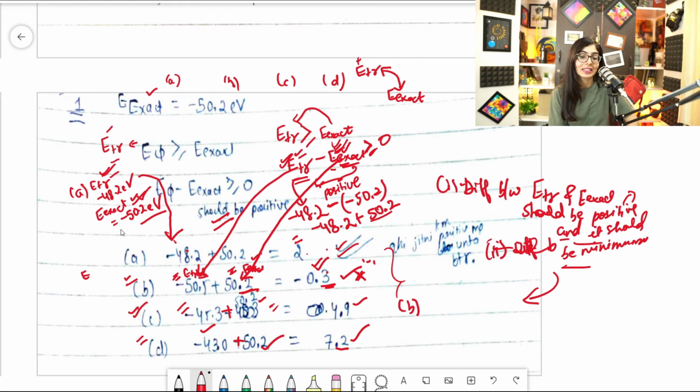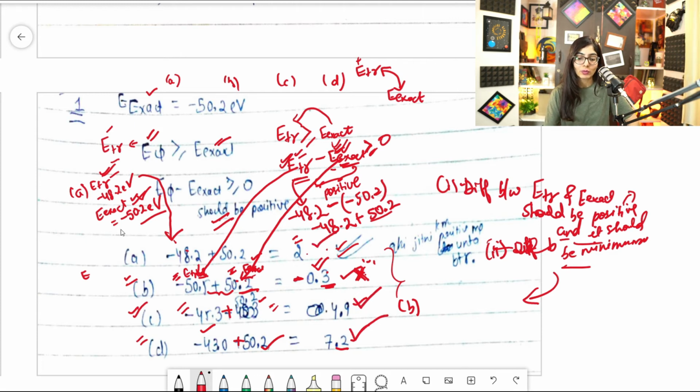And this can never be the case. Our E trial would always be greater than E exact. Clear? So this is clearly not done, and it should always be positive. So whenever the difference between E trial minus E exact is negative, we'll just cross it. Now remaining positive values are 2, 4.9, and 7.2.